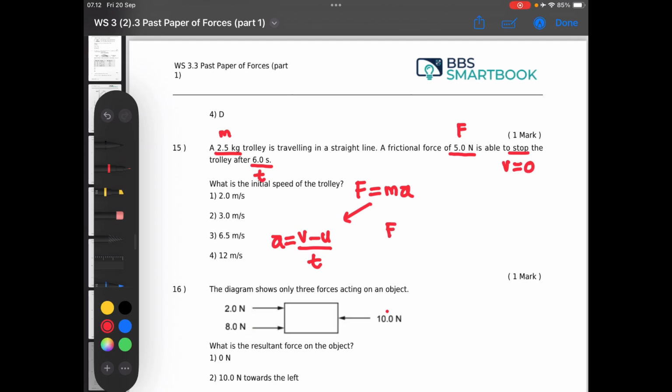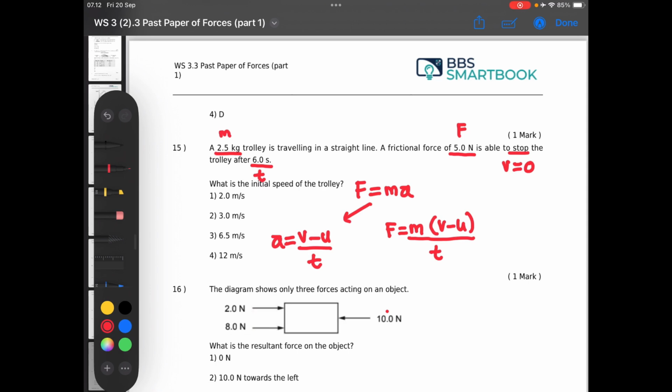So you can have F equal to m in the bracket (v minus u) over t, like this. Or actually you can write it like this: v minus u divided by the time.